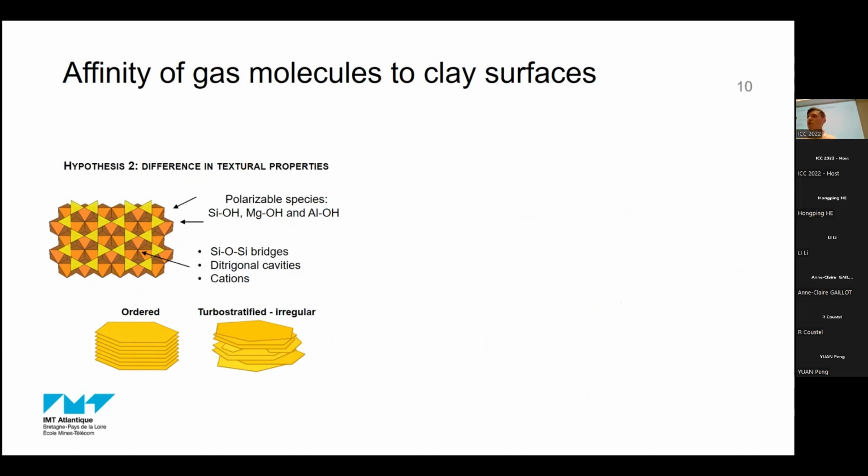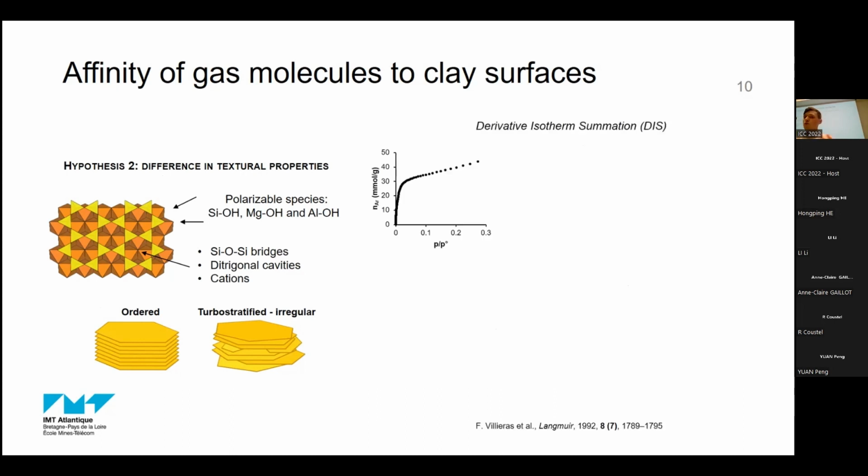Okay, so to access the aspect ratio, there are several techniques: AFM, maybe transmission electron microscopy image analysis, but also techniques based on gas adsorption. So the best known one is called derivative isotherm summation. This technique was invented in the early 90s by a French group of mineralogists in Nancy under supervision of Villieras.